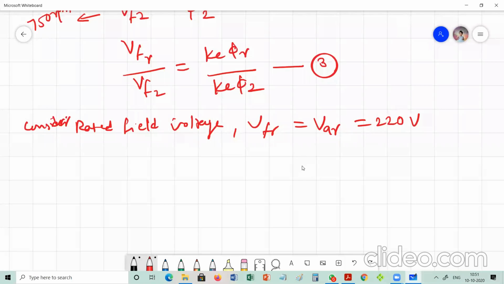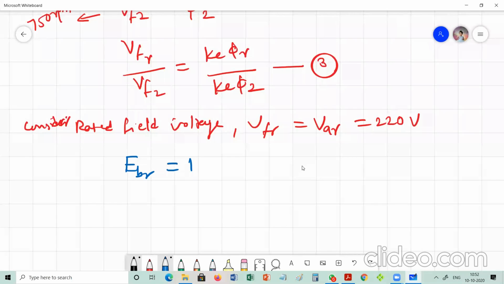Vfr is known, Vf2 has to be calculated. For that we first have to calculate the value of Ke phi r and the value of Ke phi 2. We know that Ke phi r can be calculated using the equation of Ebr.